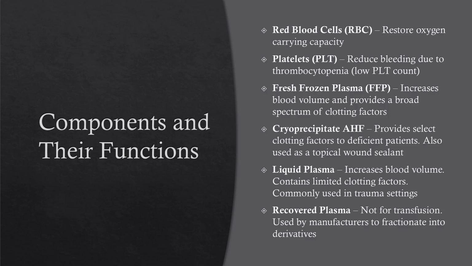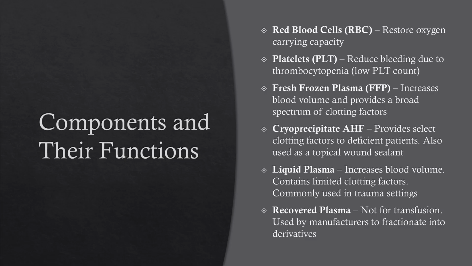Those RBCs, we use those to restore oxygen carrying capacity, whether it's through anemia or cell destruction due to sickle cell disease, or a trauma where someone is actively bleeding. When a patient has a reduced oxygen carrying capacity, a red blood cell transfusion is the solution.